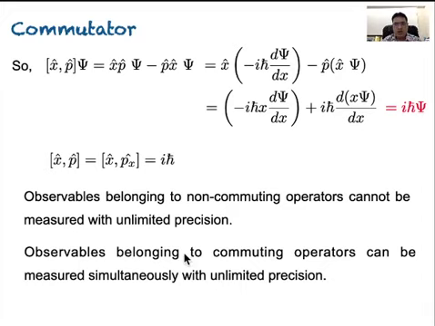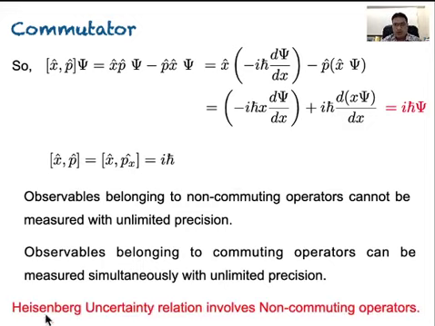The measurement and the unlimited precision are associated with the value of these commutators. So whether your operators are commuting or not commuting, this is an important and correct statement.